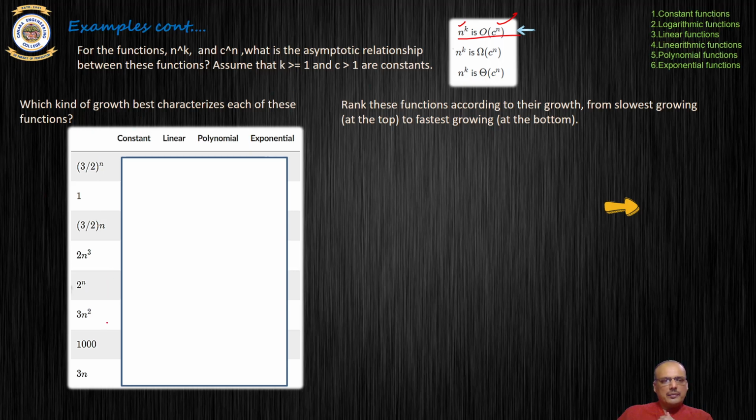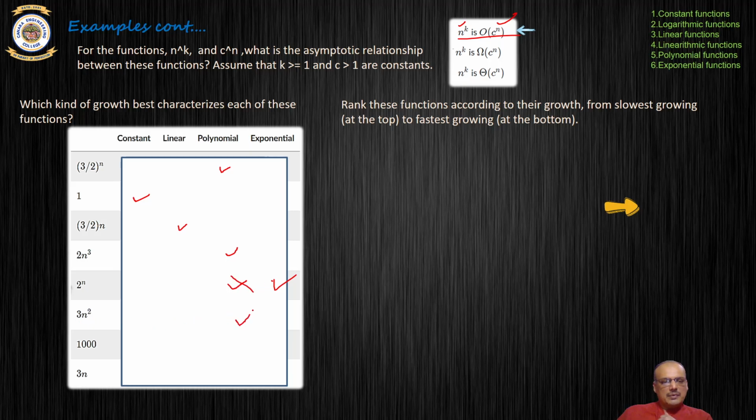Here I would like you to categorize whether this function is a constant, linear, increasing polynomial, or increasing exponential. This, as you can see, is a polynomial, this is a constant, this is linear, this is again a polynomial, this is 2 raised to n, so it is an exponential.